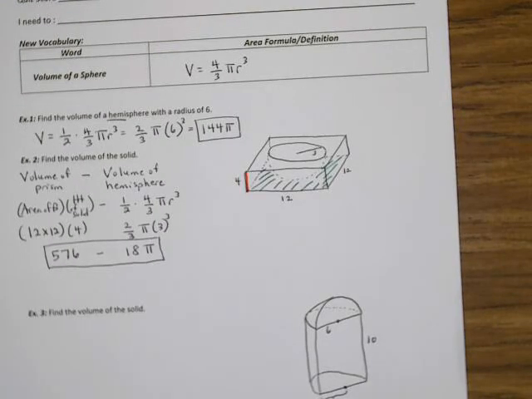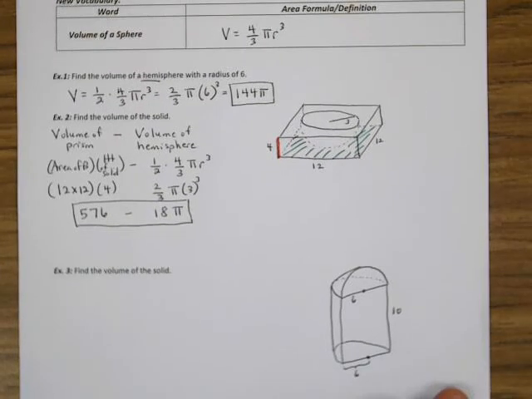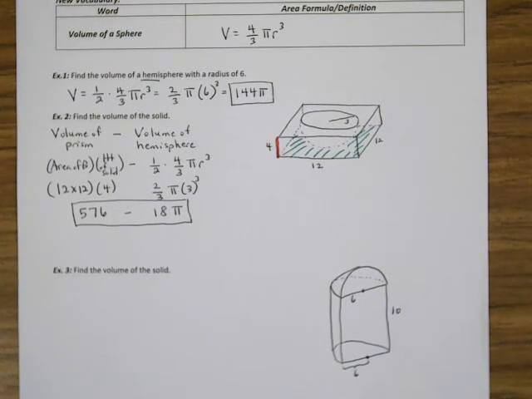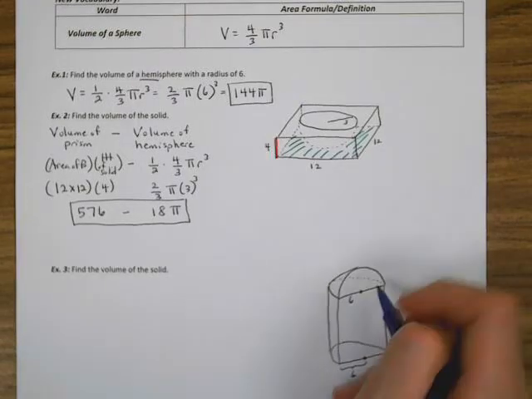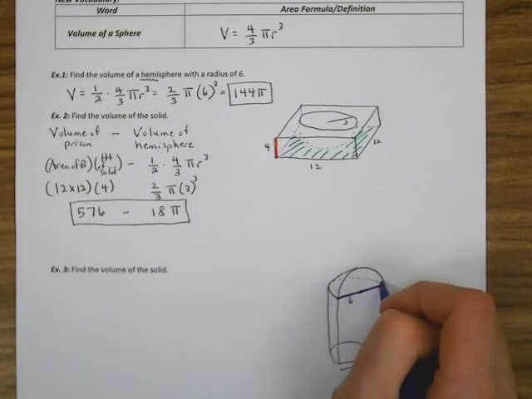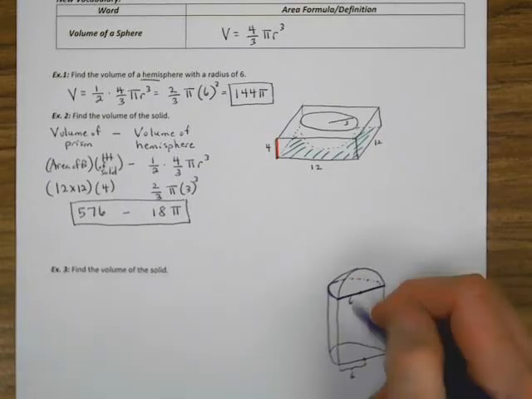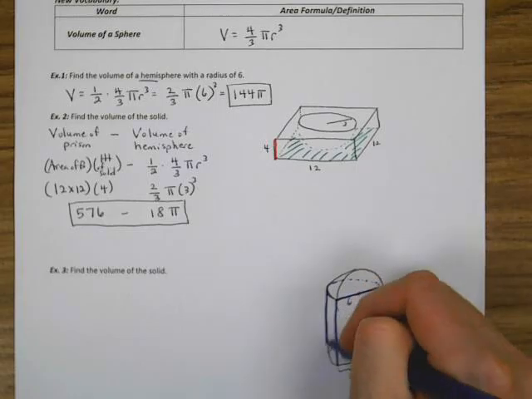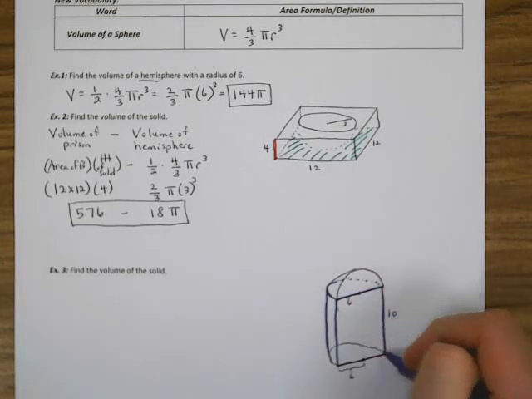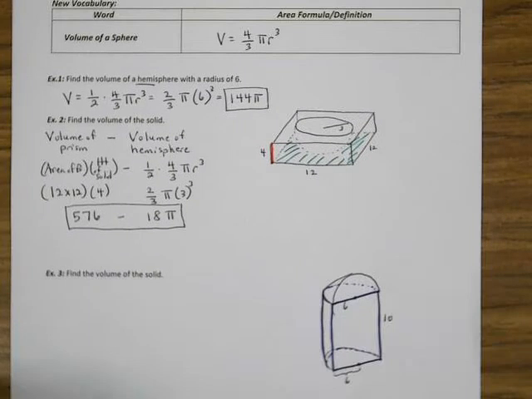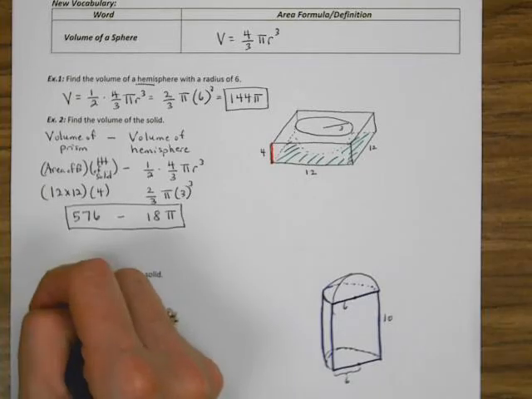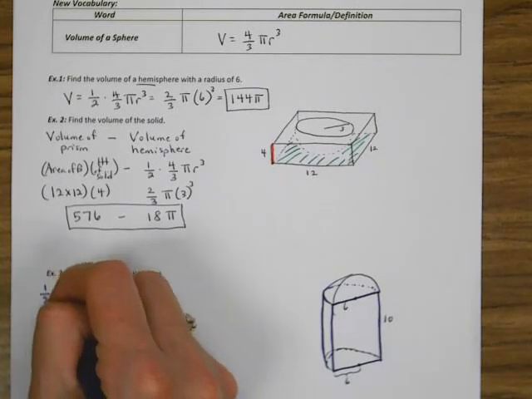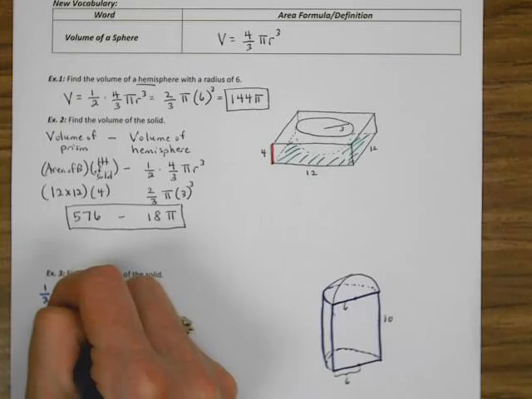And finally, in example number 3, we have two shapes that we're combining. If you look at this bottom shape right here, hopefully you can see that this is half of a cylinder. All right, so let's start with that. We have half the volume of a cylinder.